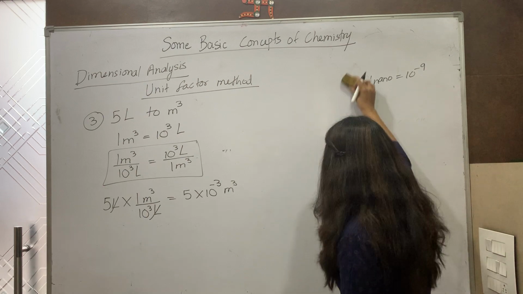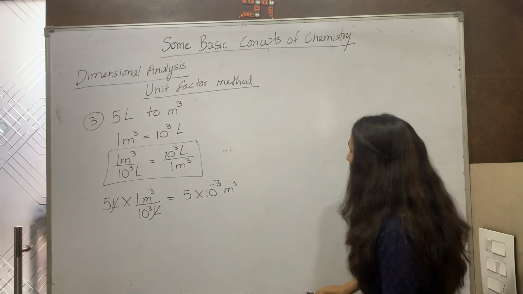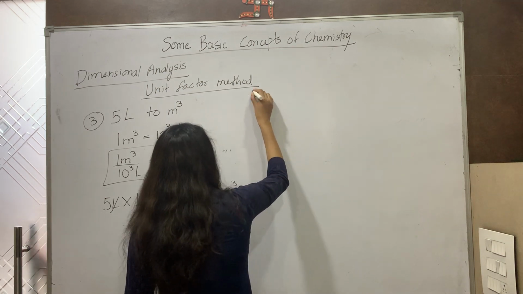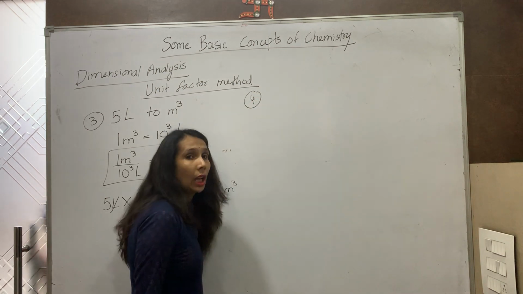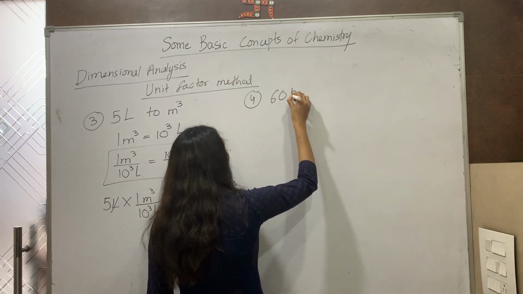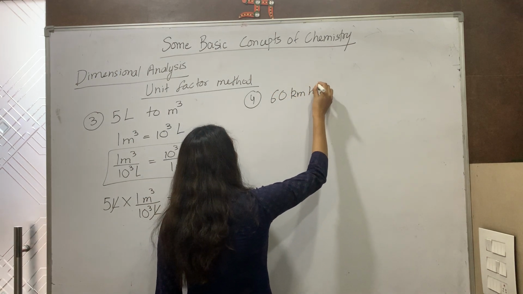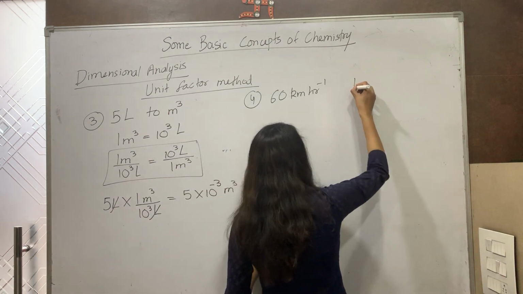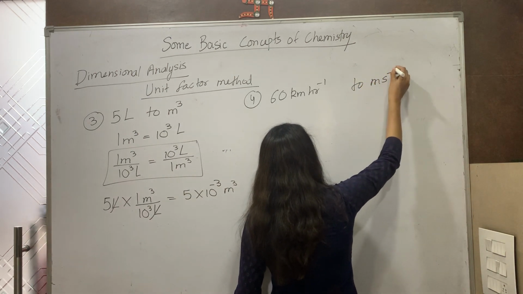Slightly a higher step we will go, a different unit we will convert. Let's see. Suppose I am driving a car with a speed of 60 km per hour. Now I want to change the unit to meter per second.